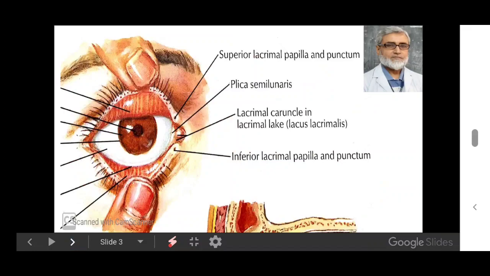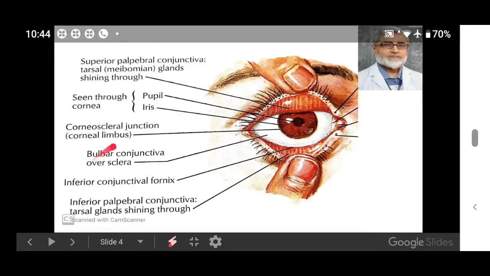Both eyelids are reverted. Upper eyelid is elevated up and lower eyelid is depressed. You can very clearly see the superior lacrimal papilla and punctum.